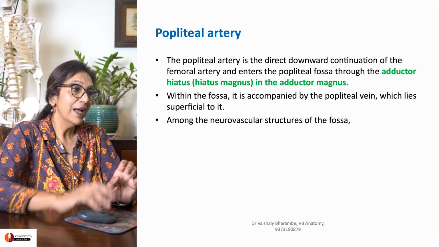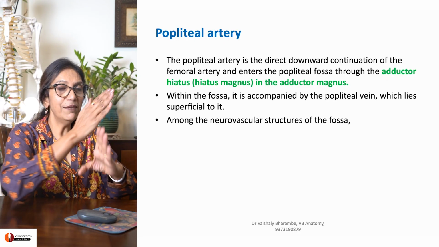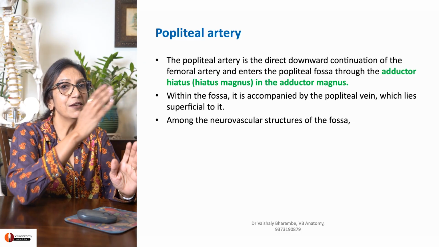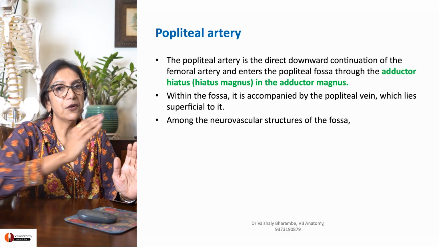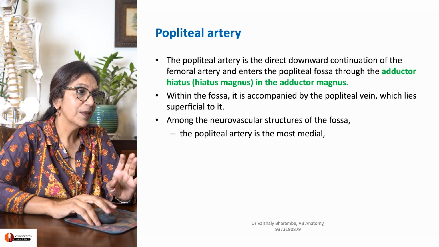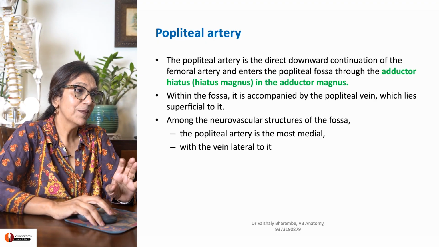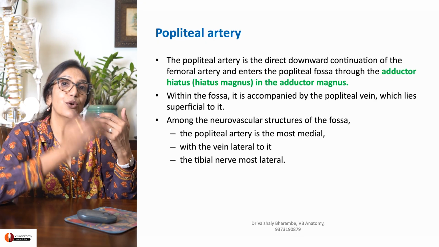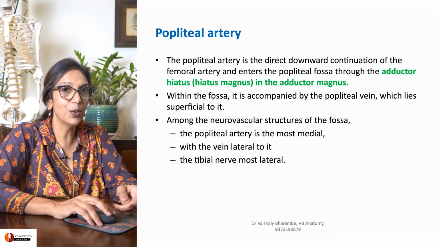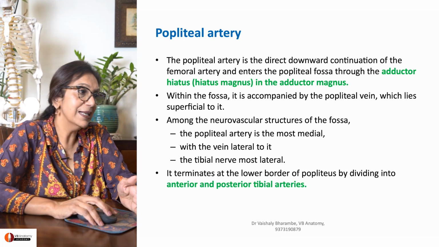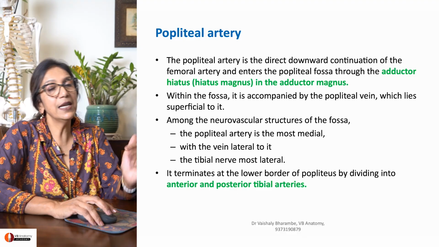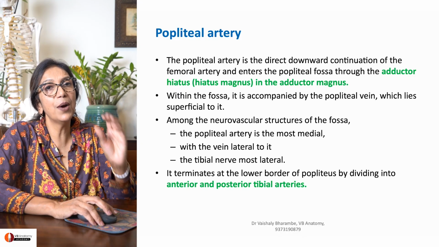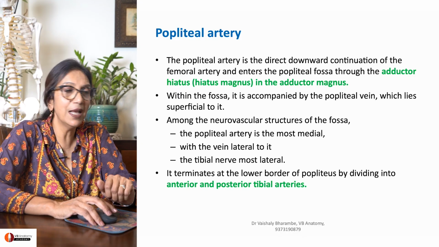As they descend down, they will cross each other so that the vein will become medial and the artery will become lateral. Finally, the tibial nerve will be most superficial to it, crossing all of them from lateral to medial side. Finally, the artery terminates by dividing into anterior and posterior tibial arteries.